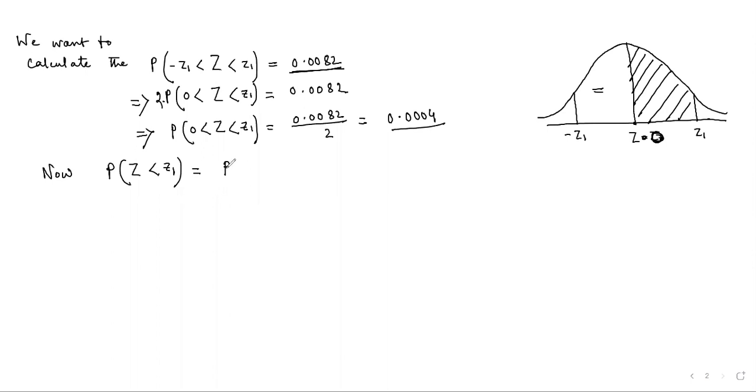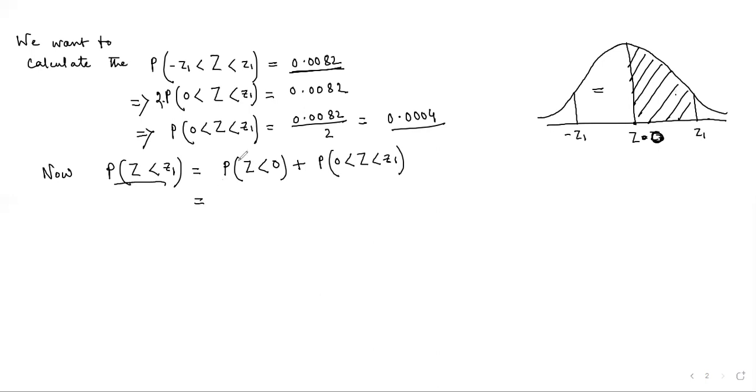Now this is obviously equal to the probability of z less than 0 plus the probability of z lying between 0 and z1. If I add these two probabilities, we get the left hand side. You can check in the figure. This portion and that half portion together give you this probability.